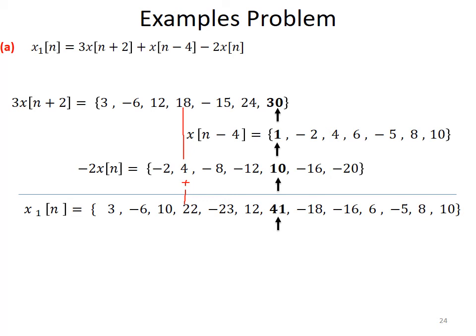Similarly, on the right side of n equal to 0, we have minus 16 added with minus 2, which gives minus 18, and minus 20 added with 4, which gives minus 16, and then 6, minus 5, 8, and 10 remain the same. So this is the result of all these operations performed on x of n. So x1 of n is equal to 3, minus 10, minus 6, 10, 22, minus 23, 12, 41 is the sample that appears at n equal to 0, and then minus 18, minus 16, 6, minus 5, 8, and 10.